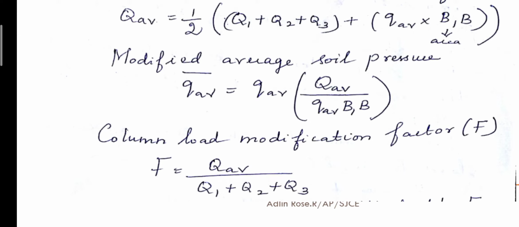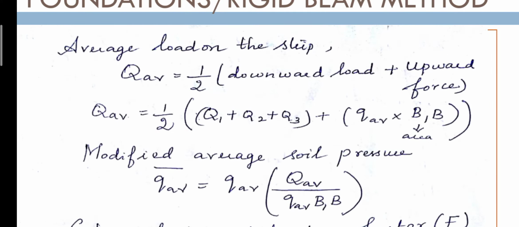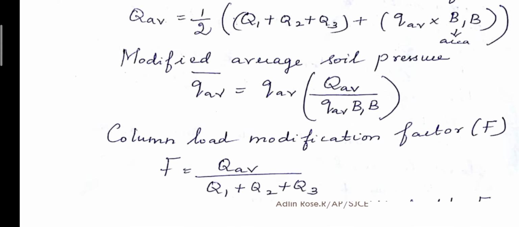This is the process we are going through to find this. So the column modification factor is given by the letter F, and F is nothing but QAV divided by the downward force. What is the downward force or the downward load? Q1 plus Q2 plus Q3.